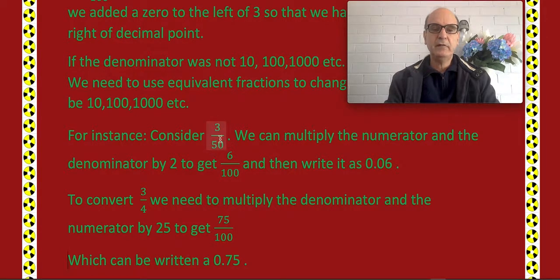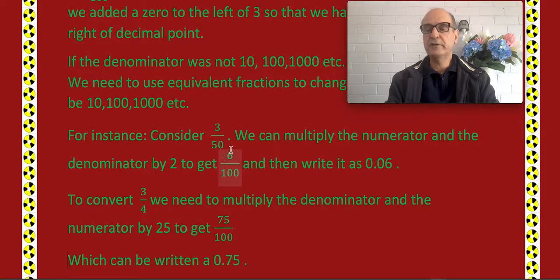Here I want to change it to 100. To change it to 100, all I need to do is double it. So double the denominator, and you have to double the numerator as well. So you get 6 out of 100. Now we have exactly the same situation we had before: you have 1 followed by zeros in the denominator.